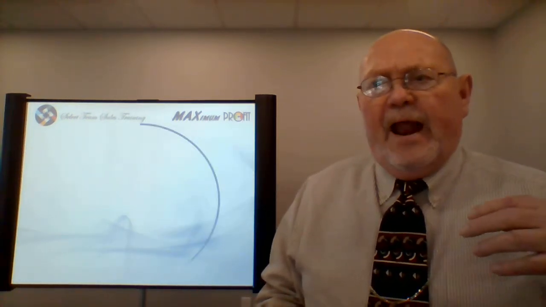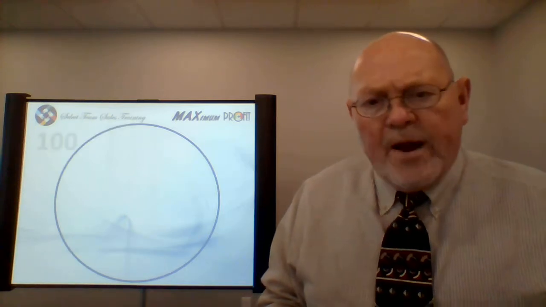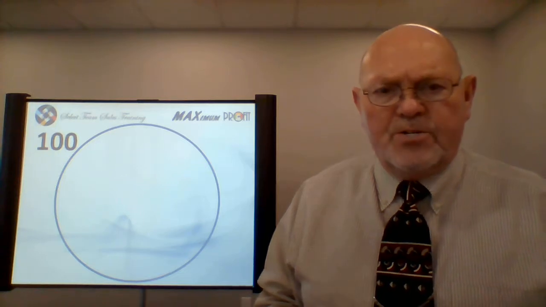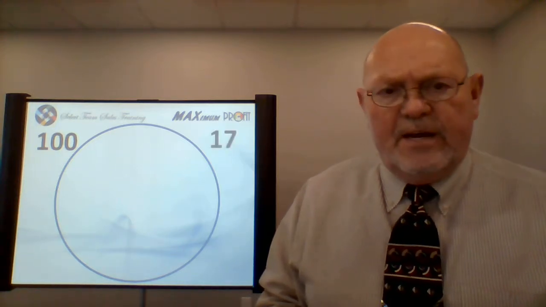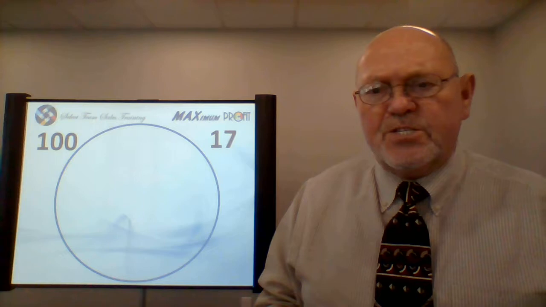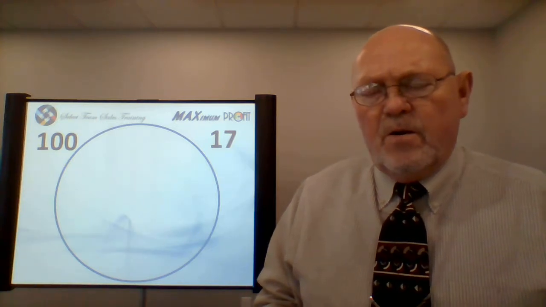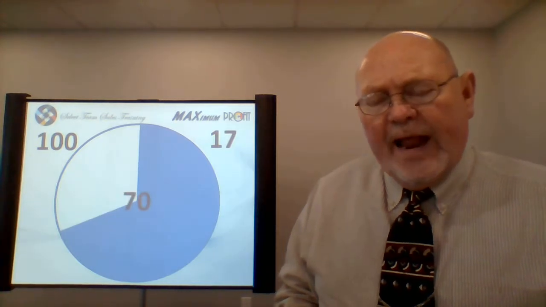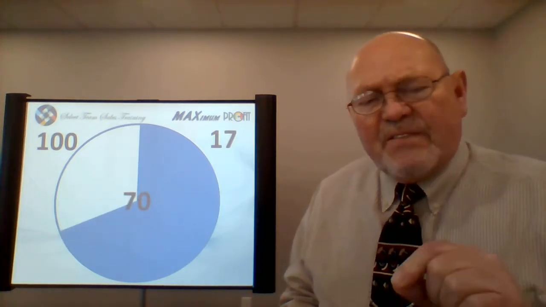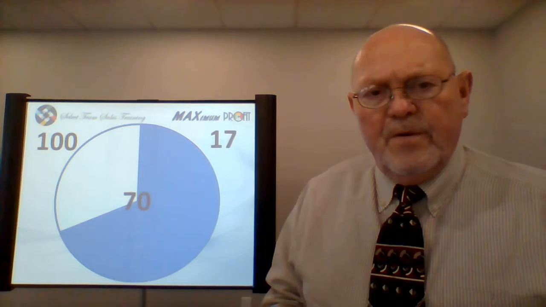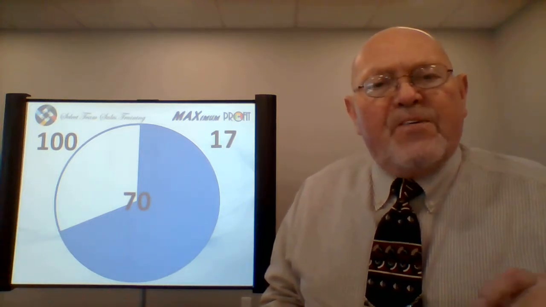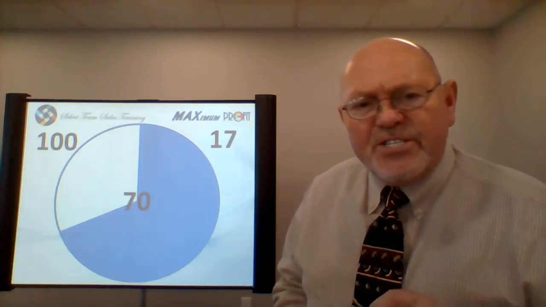So I wanted to look at this. And I said, all right, out of 100 customers that come to our dealership, we're selling 17. That's that 17% that we just discussed. Well, what really is going on here? According to NADA, 70 of these 100 people actually leave our dealership before we get to the negotiation stage.